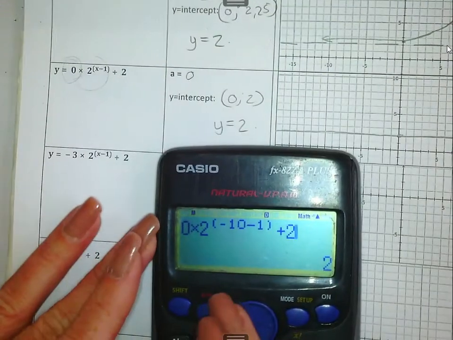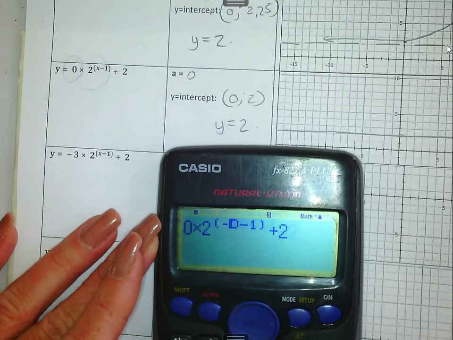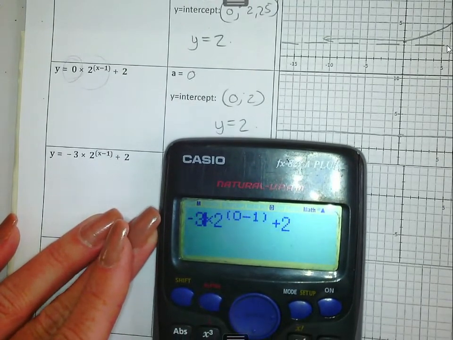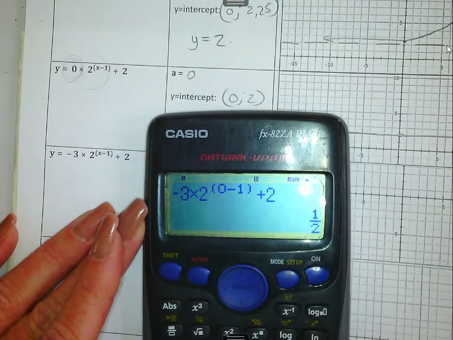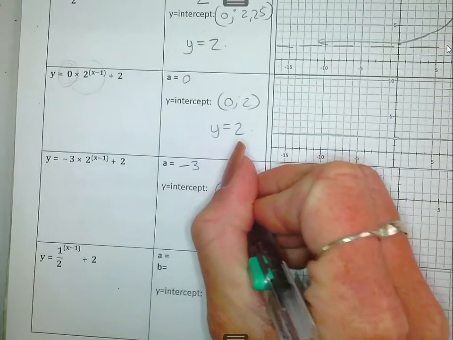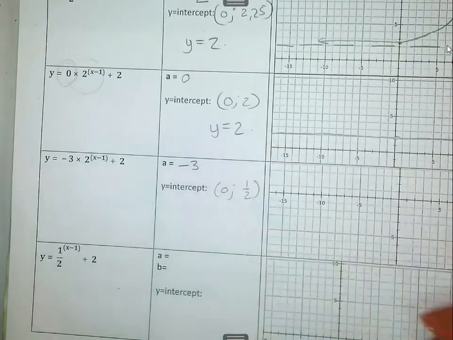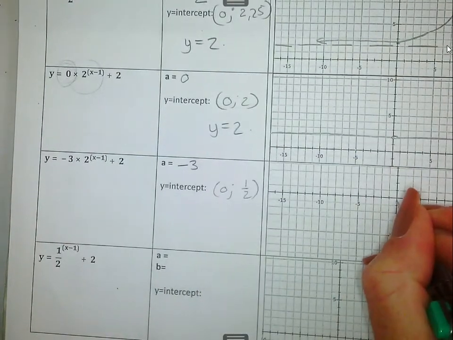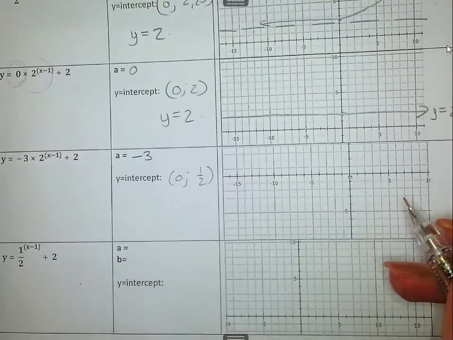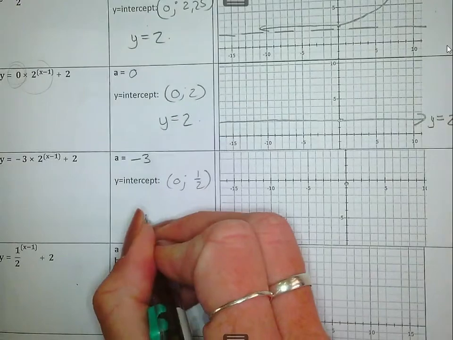Let's quickly substitute in there. I make my x 0, put in -3, like that, it's a half. So that value is going to be 0 and a half. The asymptote? Y equals 2.